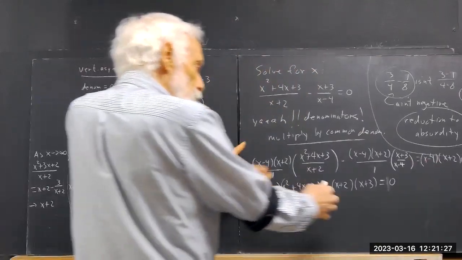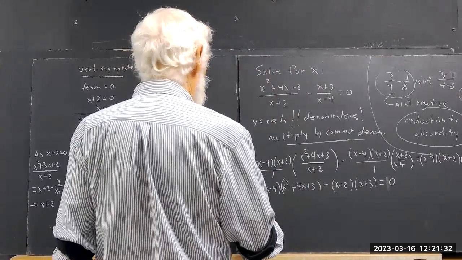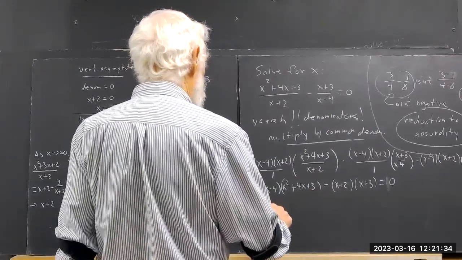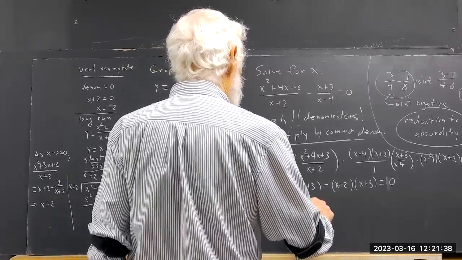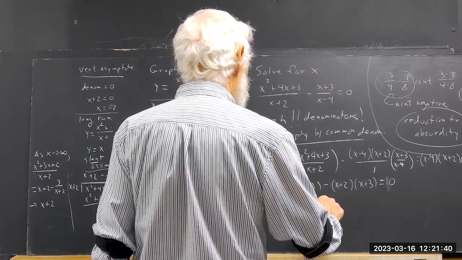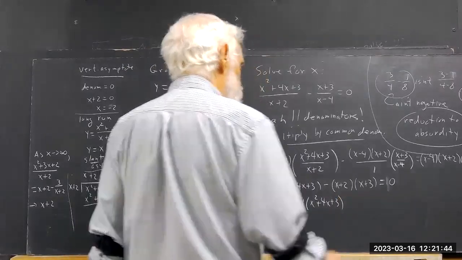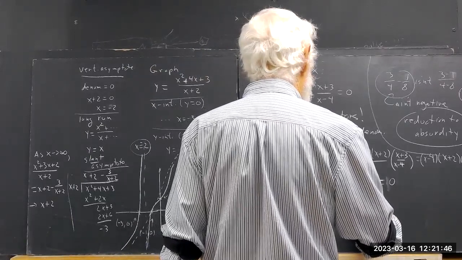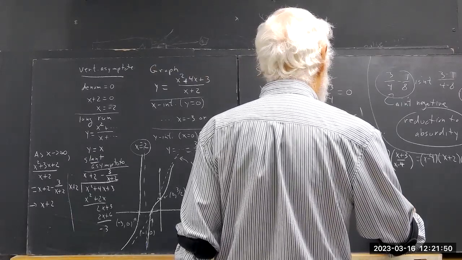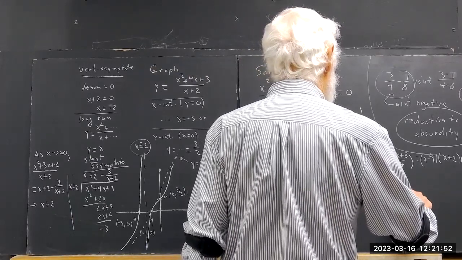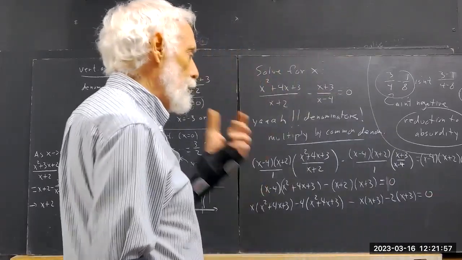Okay, well now we use the distributive law to multiply x by x squared plus 4x plus 3. This should be familiar, but maybe it isn't, so make sure it becomes that way. And there we have that.